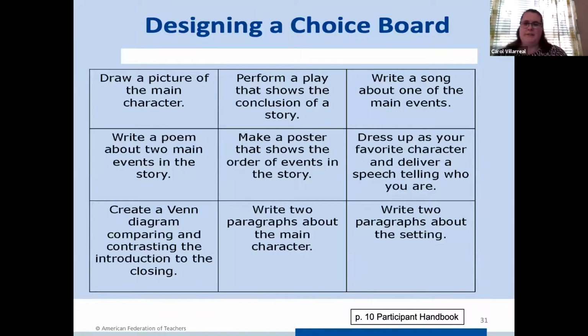Okay, so now we're going to look at a different way of differentiation. A lot of us have used choice boards before. I want you to tell me, using the reaction button, the thumbs up or thumbs down, is this considered a differentiated choice board? When we're thinking about differentiation, is this considered that type of choice board?